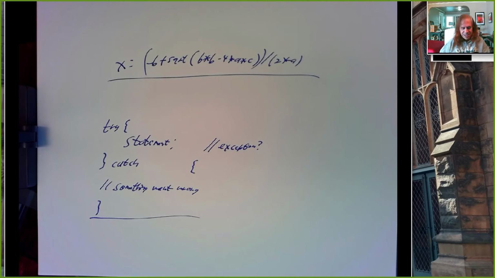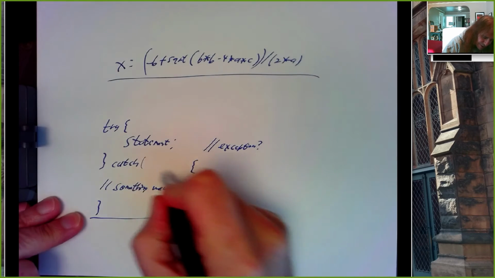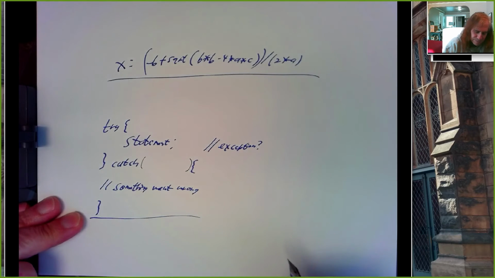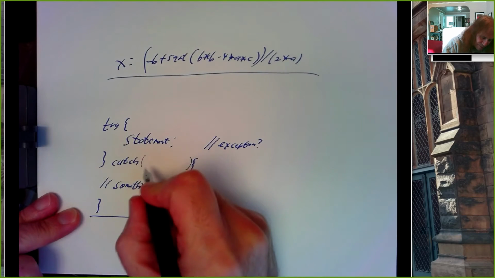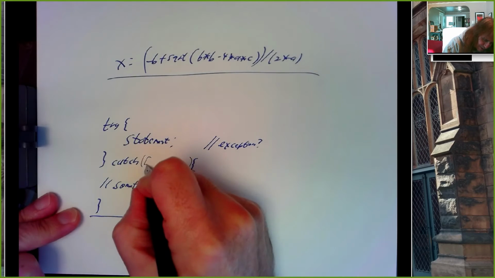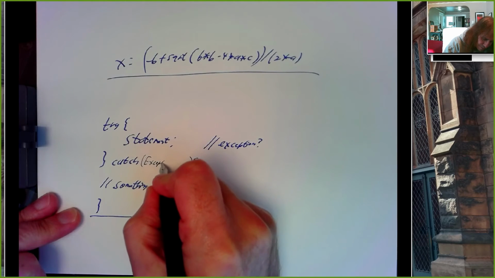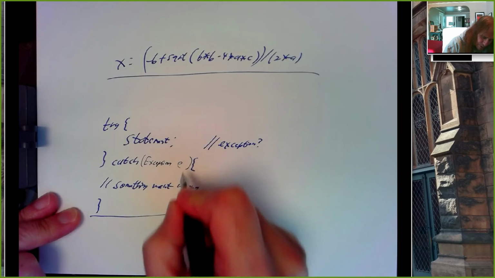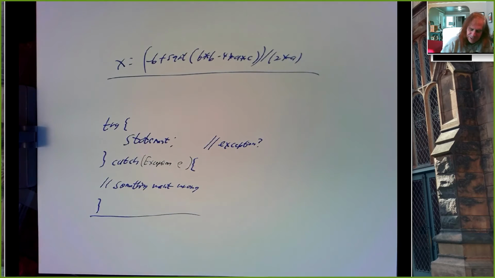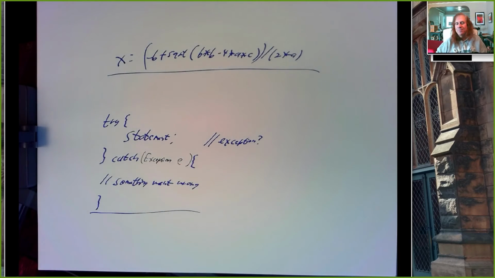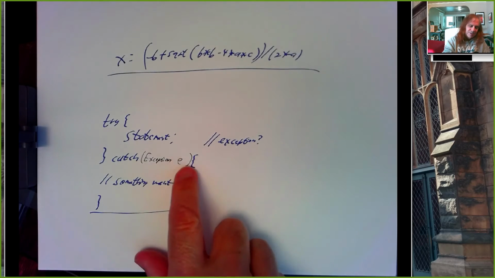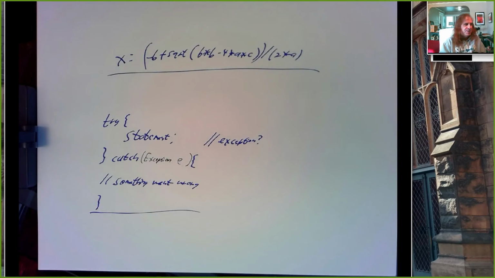Now this catch block kind of looks like a function call. We put an argument on here. And the most general argument is going to be a single argument of type exception. And more often than not, that variable is just e, but that's just a variable name, right? I could call it whatever, and then I could use that in here, and that would be the exception.